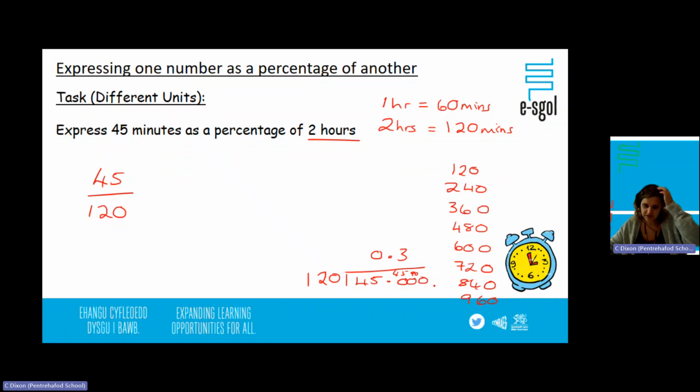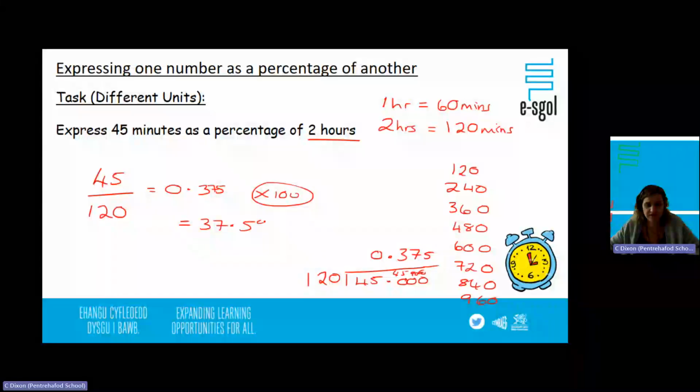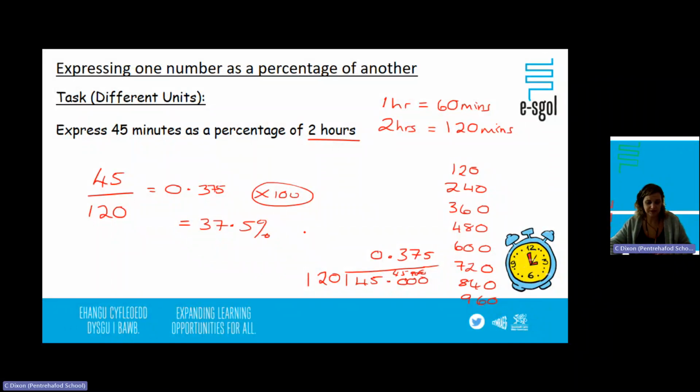So 900, I can get to 840 by using 7 of them. That'll then give me 60 remainder. So I've got 600 then as my final value here. 600 is in the 120 times table, so there's 5 times. And that will give me my decimal. But do not leave it like that. Okay, we do need then to multiply by 100. So 37.5% then will be your final answer.